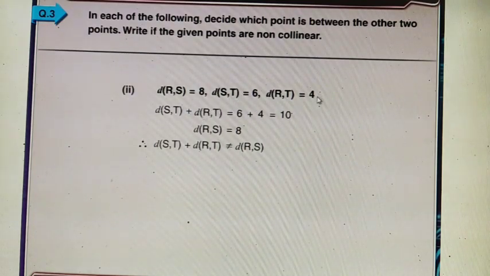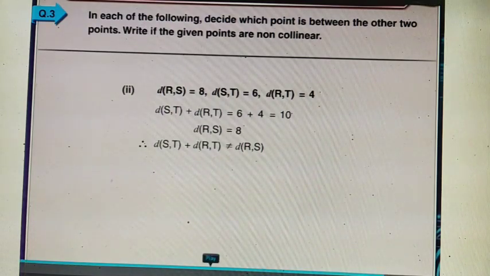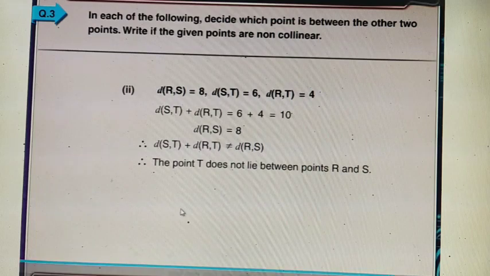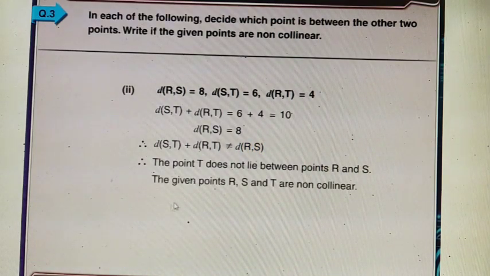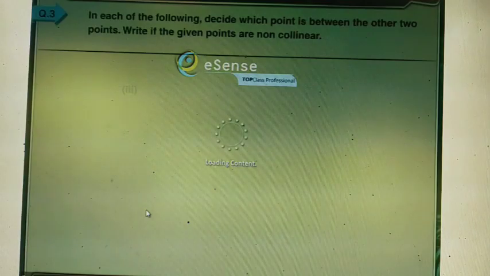If I add both these distances, distance ST plus distance RT is equal to 6 plus 4, which is 10, and the bigger distance is given, distance RS is equal to 8. Therefore distance ST plus distance RT is not equal to distance RS. Therefore the point T does not lie between points R and S. Thus the given points R, S, T are non-collinear points.